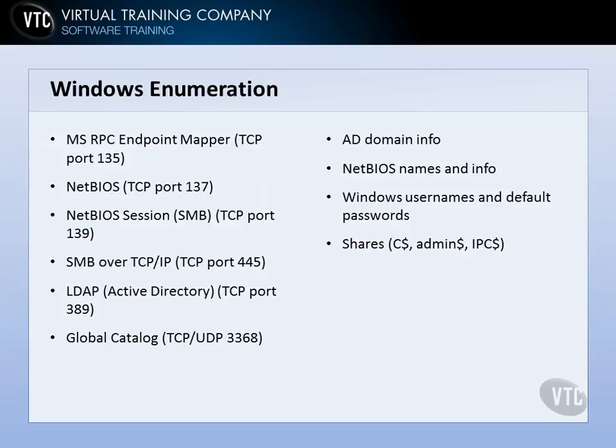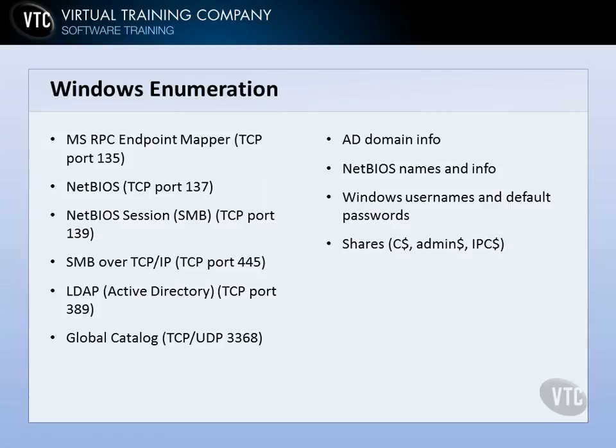You're also looking, from a Windows perspective, for NetBIOS names and information. You're looking for possible Windows usernames and maybe even default passwords. Keep in mind that on a Windows box, normally the guest account does not have a password. It's not set, so the default is that it's blank. However, the guest account could be disabled, and on later Windows versions it is, but in earlier versions it was not automatically disabled.